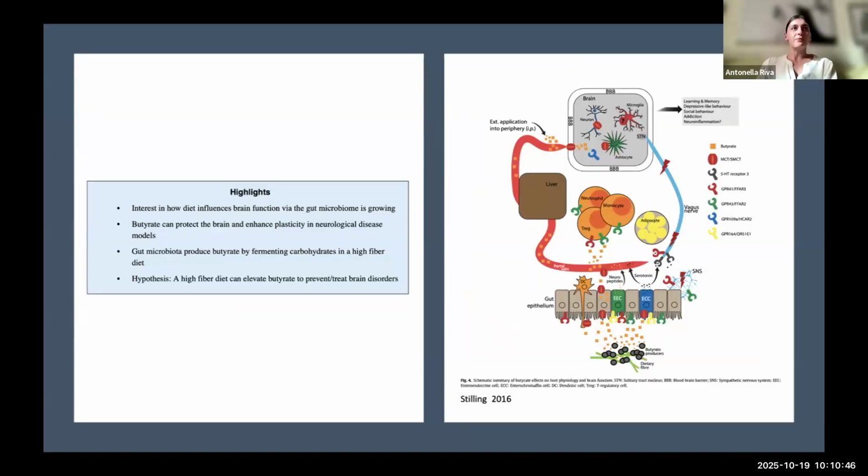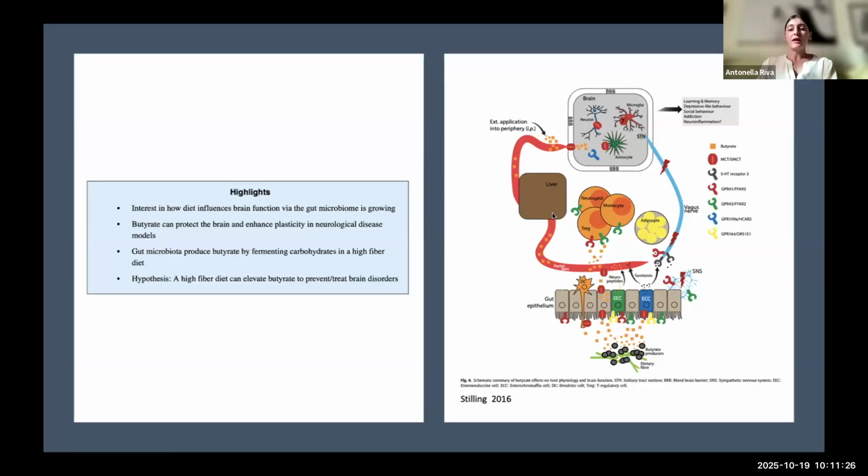But maybe you are asking yourself how these things can reach the central nervous system. We know that the blood-brain barrier is like a sanctuary for the central nervous system, not allowing some substances to get in. But we know, and this is from 2016, so it's only 10 years ago, that there are some specific transporters in the blood-brain barrier, which are monocarboxylate transporters, which can carry some substances produced locally by the bacteria, which are short-chain fatty acids like butyrate.